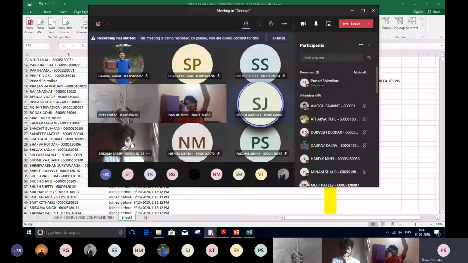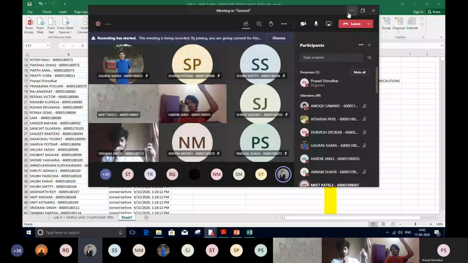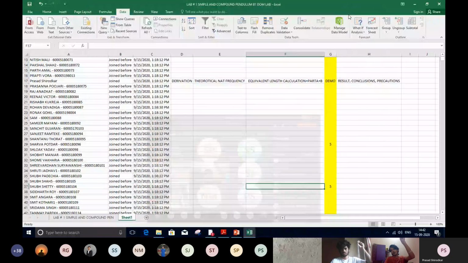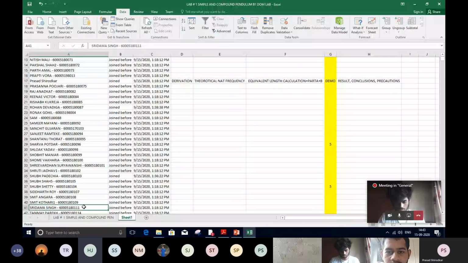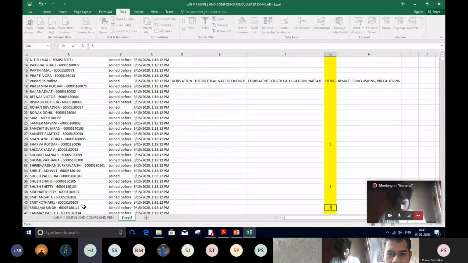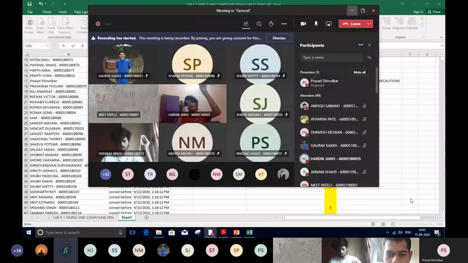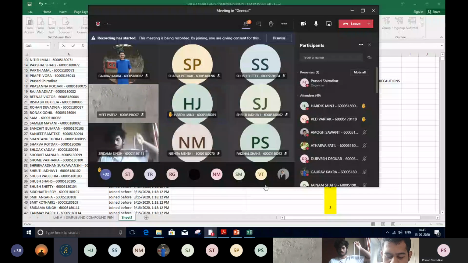The length I got is 47.87 centimeters, and I've tied a bottle of Vicks along with it. I'm just going to take the reading right now. Should I start?